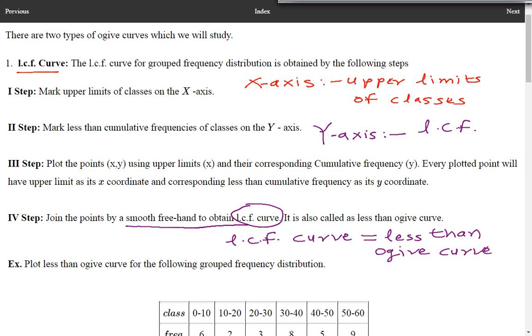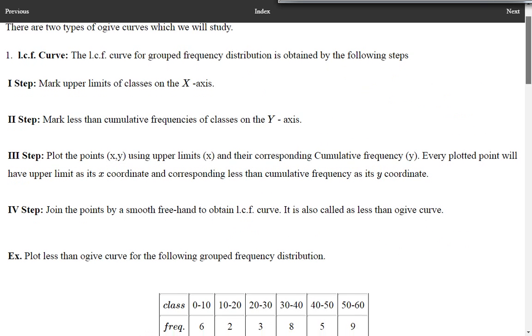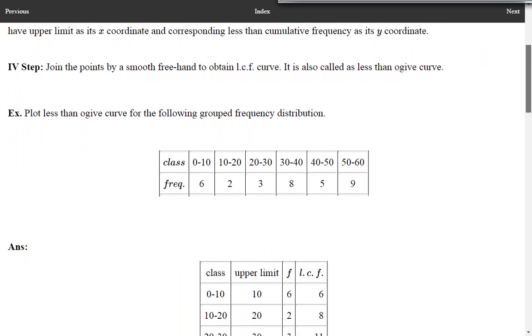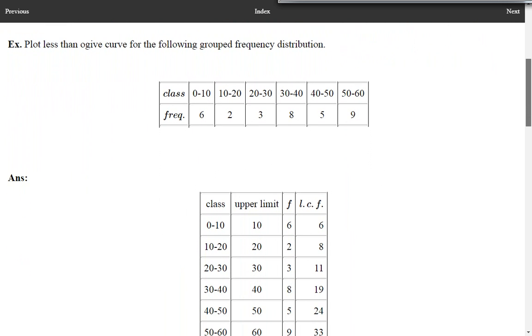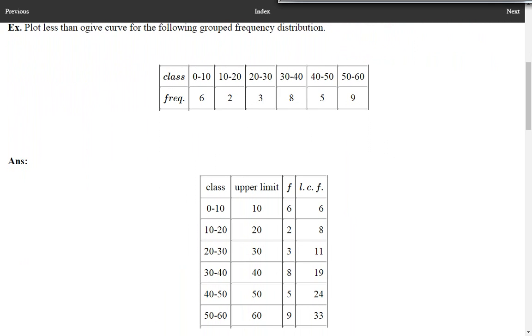Let us see an example of less than Ogive curve for group frequency distribution. This is an example of data of type group frequency distribution.